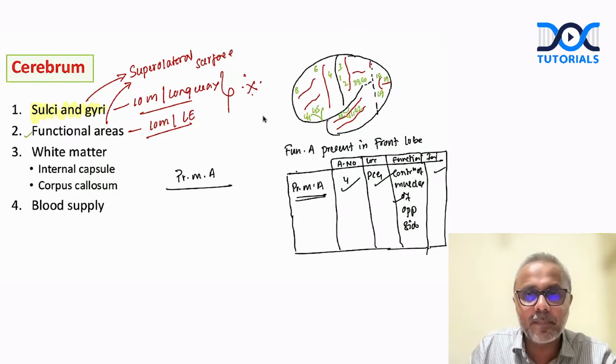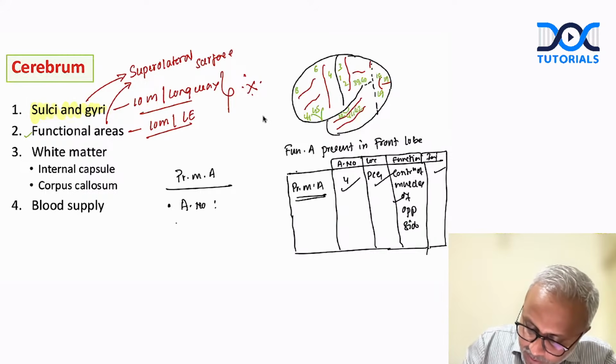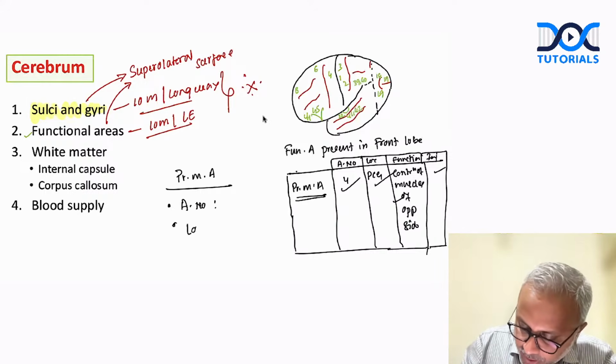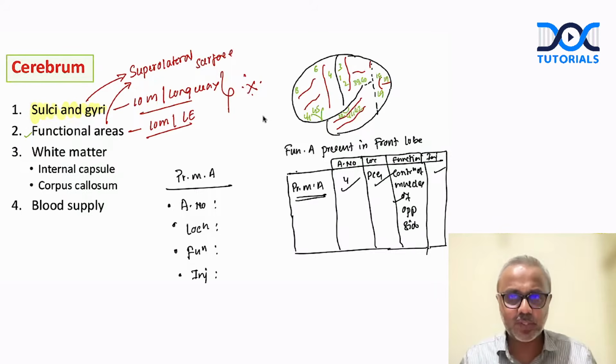So write the heading. Then talk about the area number, right? Then you talk about the location regarding which gyrus. And then you talk about the function. And then you talk about the lesions, right?